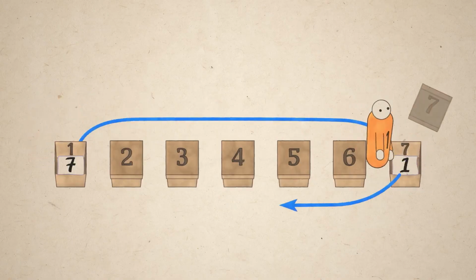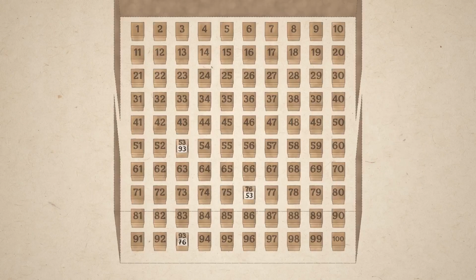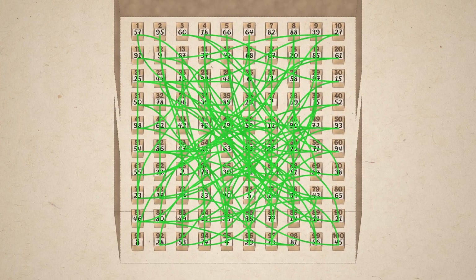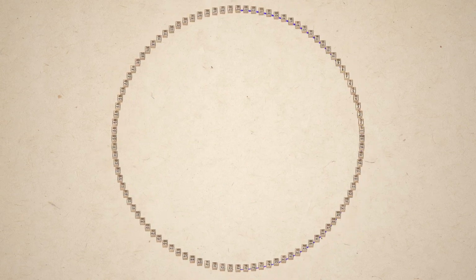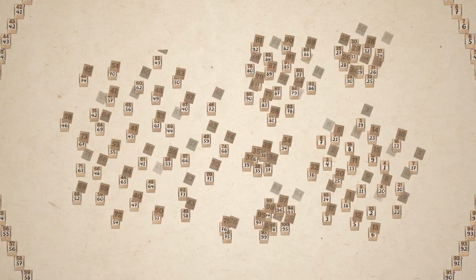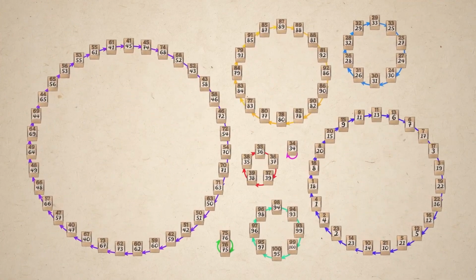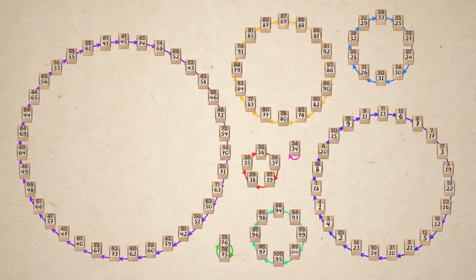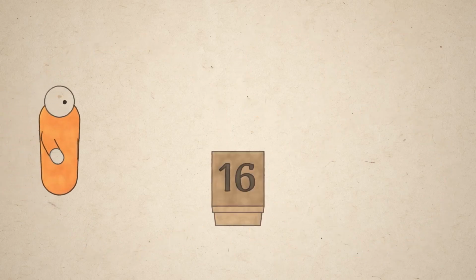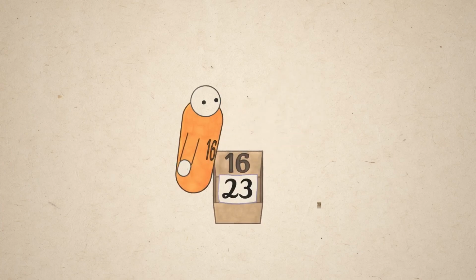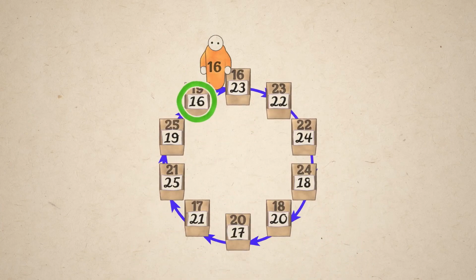So you can think about the boxes now as a graph, where this network graph has a box pointing to the next box, and we're going to visualize this. And what actually happens is if the largest loop of boxes is less than 50, then the prisoner is guaranteed to find their own number on their loop. And they're guaranteed because they started on the box that is their own number. It sounds crazy, but we're gonna see visually how this works.